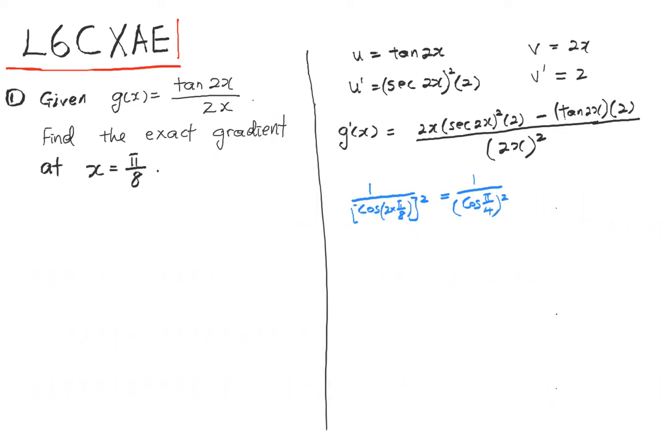So what do you get? May I know what is the answer? 2. Am I right? You see, so relax. Then after that, another issue is tangent 2x. So I find tangent 2 times pi by 8.